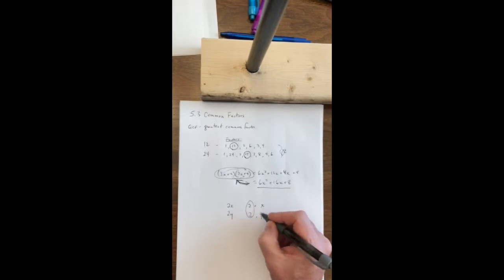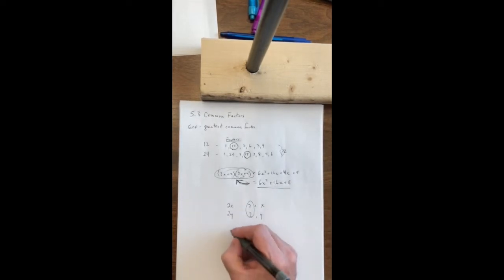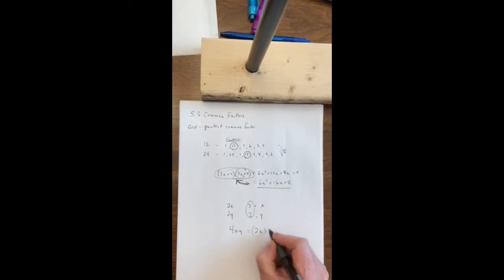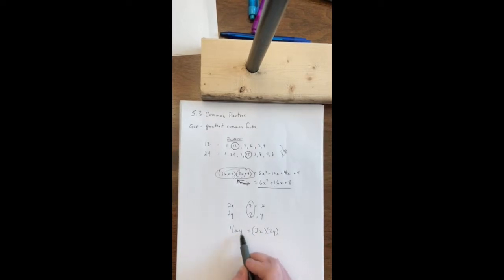But remember, x and y are factors. If I was to give you 4xy, and if I said what times what would equal this, you might say 2x times 2y. So 2 times 2 is 4. x times y is xy.